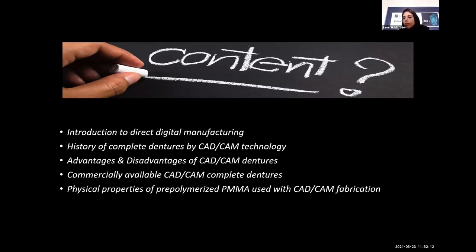We'll see a history of complete dentures made by CAD/CAM. We will review the advantages and disadvantages of these dentures, and we'll have a look at the commercially available systems which provide us with a complete denture. And finally, I will go over the physical properties of these restorations and compare them to the conventional ones.